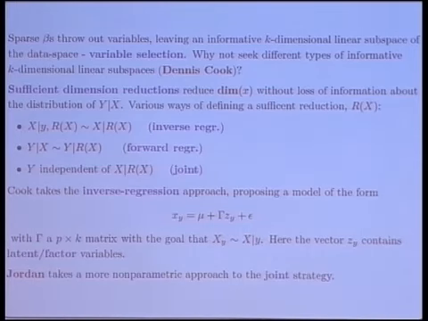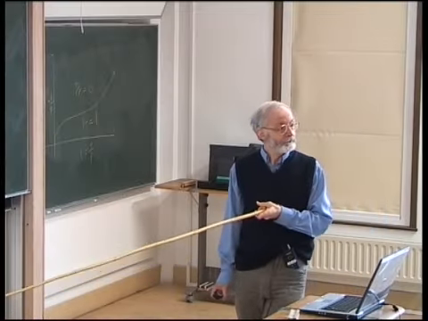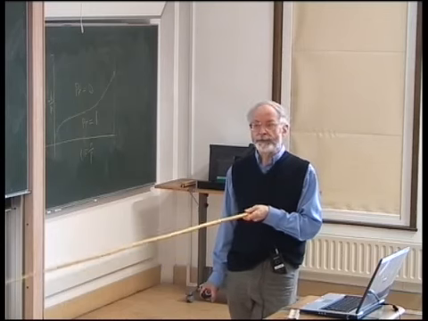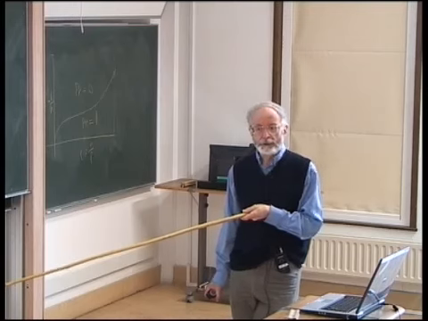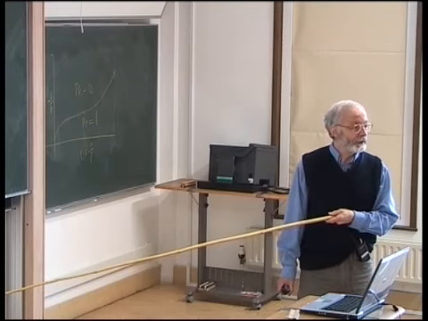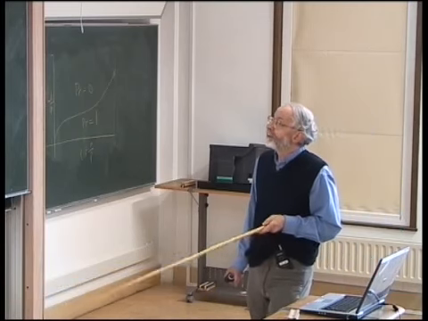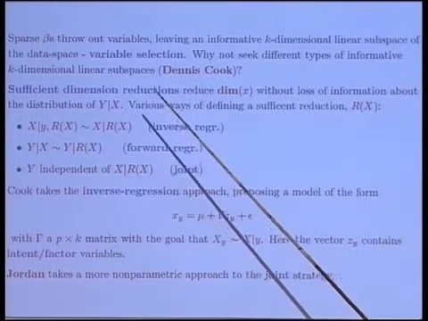But it's a rather special one, defined by all the other betas being 0. It's a linear subspace, but a rather special one. So Dennis Cook's idea is to say, why don't we allow different types of linear subspaces? A linear subspace is a matrix times beta equals something where the matrix has rank k, but it doesn't have to be, if you like, a partial identity matrix. And these are what he calls sufficient dimension reductions.